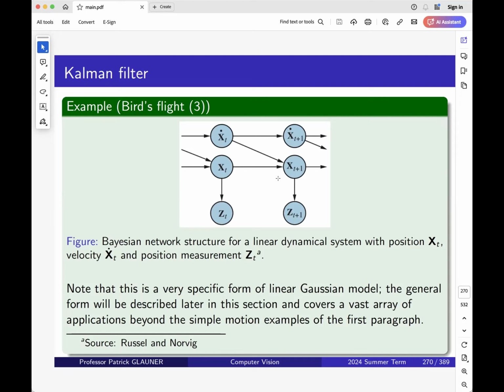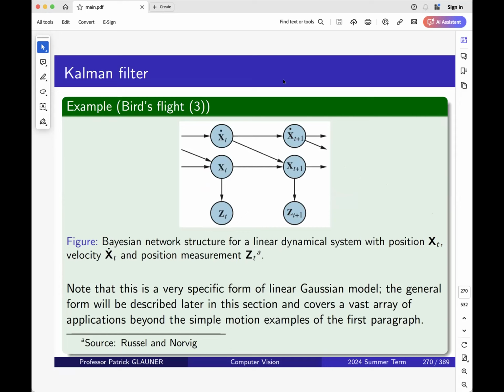And in our Bayesian network, we have all these entries in here. I want to show you, we have our position xt, that's the position, and we have a position measurement, zt, because that's what we have measured or what we have seen, but there is noise in it, so we want to estimate the position xt, that's our goal. Xt plus 1 depends on the past xt plus the velocity of xt.